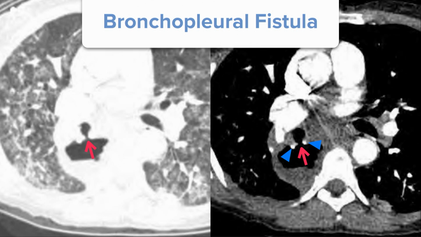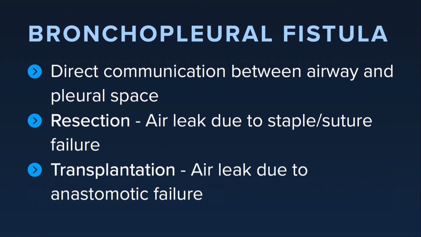On the soft tissue images, you can actually see some of the suture or staple material there, and again, that defect. So this was a bronchopleural fistula from the lobectomy site. Now, BP fistulas, again, it's a communication between the airway and the pleural space.